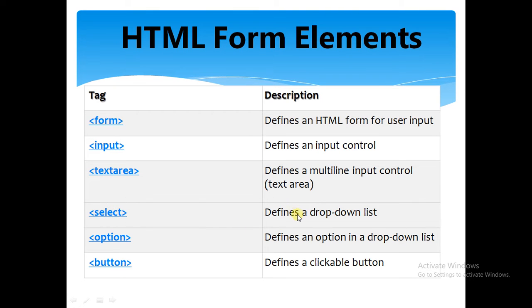Select is used to define a drop-down list or combo list. And option tags define the items of the drop-down list, but here option contains only the list item. Button defines the clickable button.